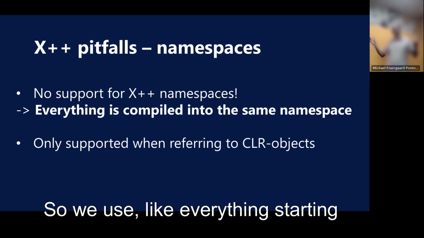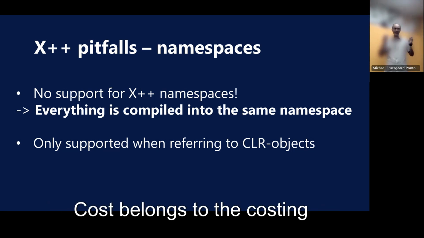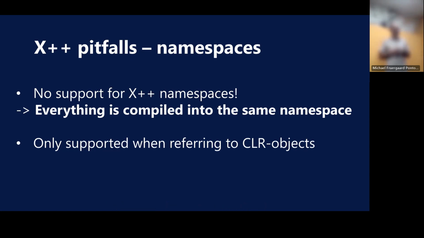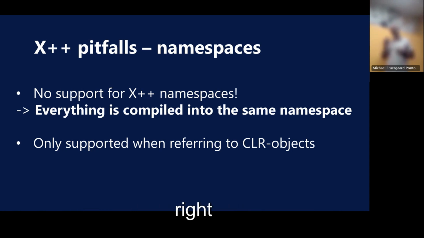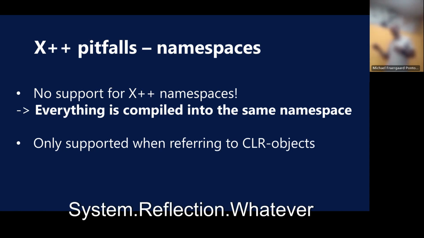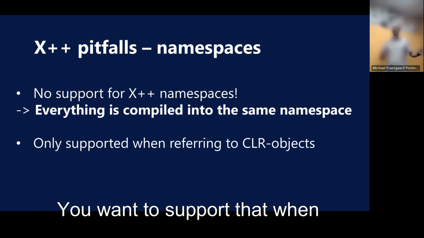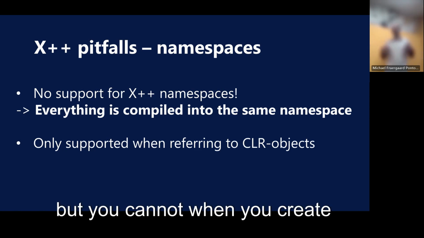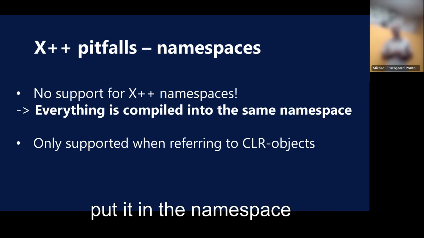So we use everything starting with COST, cost belongs to the costing module, for example. That's how we do it. That said, if you want to reference something in the CLR, you can reference that using namespaces. You can write system.reflection.whatever, system.diagnostics.stopwatch, or whatever you want. So we support that when you define types, but you cannot, when you create an X++ class or extended data type, put it in a namespace.